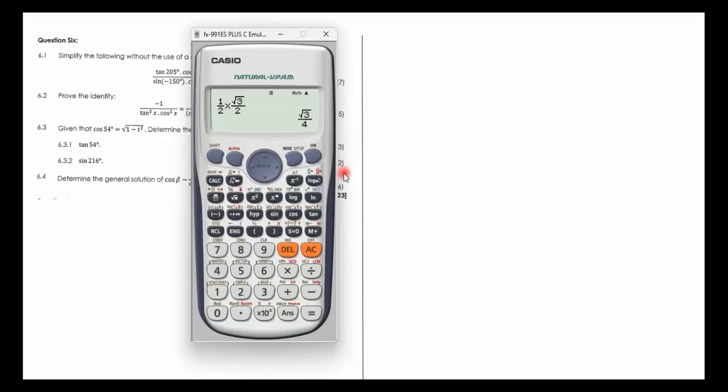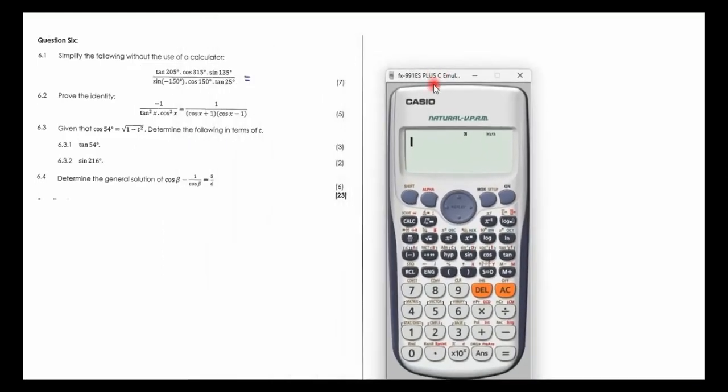The first thing that you always need to do when you're given something like this, where they want you to simplify, is to actually press it on your calculator. So let's go ahead and do that. I'm going to press that on my calculator: 10205 multiplied by cos 315, and then multiplied by sine 135.